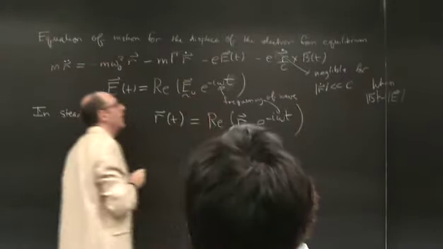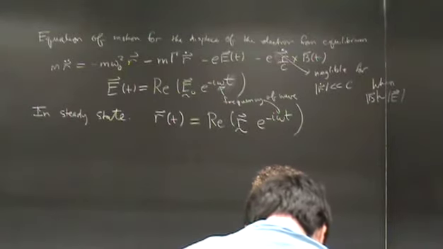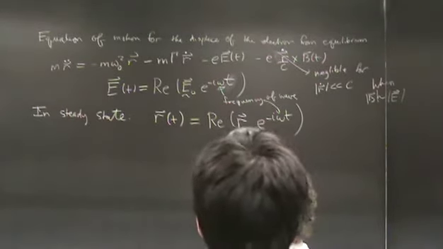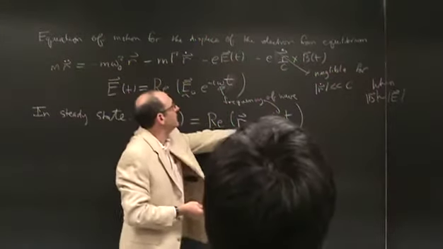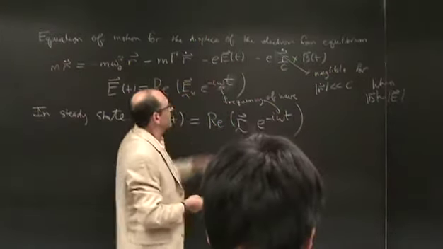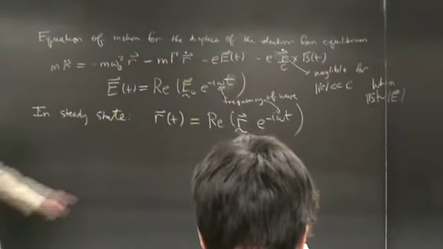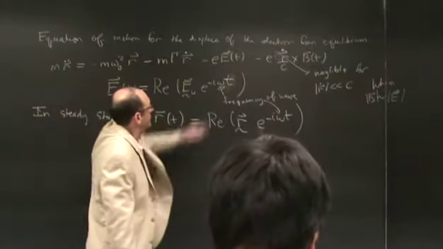Which is the frequency of oscillation of the gauge. So, under that condition, we can just plug in this ansatz where this is treated as our driving field.